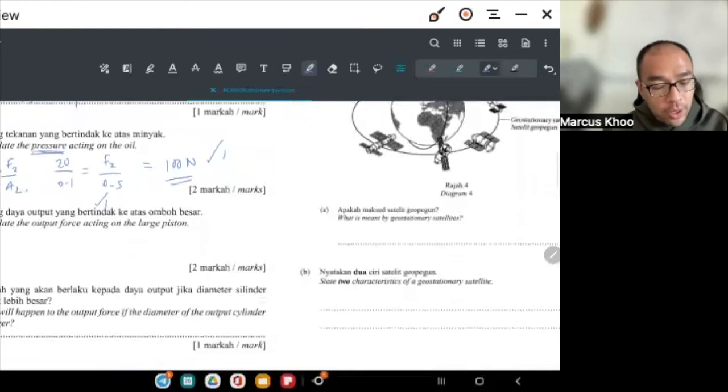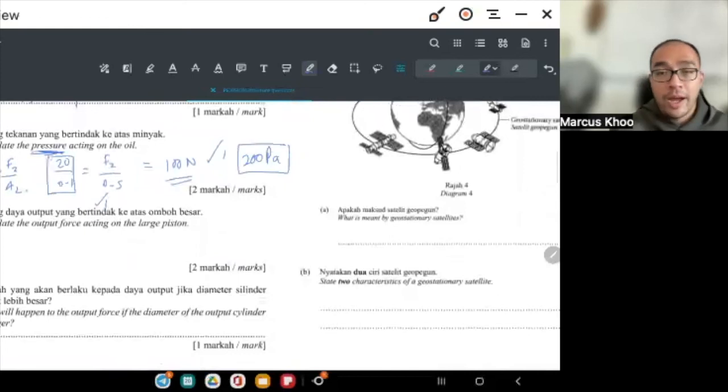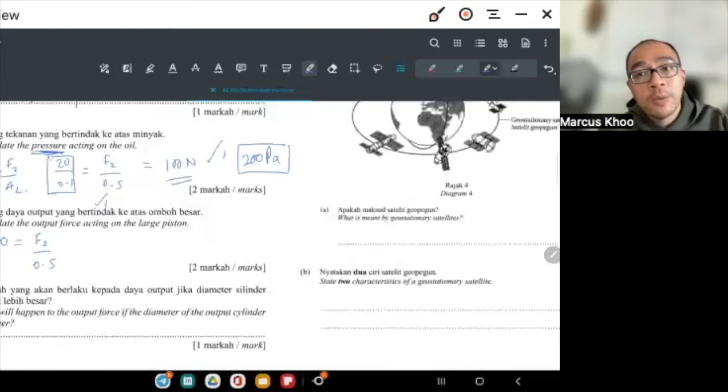The pressure acting on the oil is just 20 over 0.1, so 20 divided by 0.1 is about 200 pascals. Sorry, I misread the question. For the output force, 200 equals F2 over 0.5, because Pascal's principle says the pressure at the small one equals the pressure at the big one. Force is different, but pressure is the same.